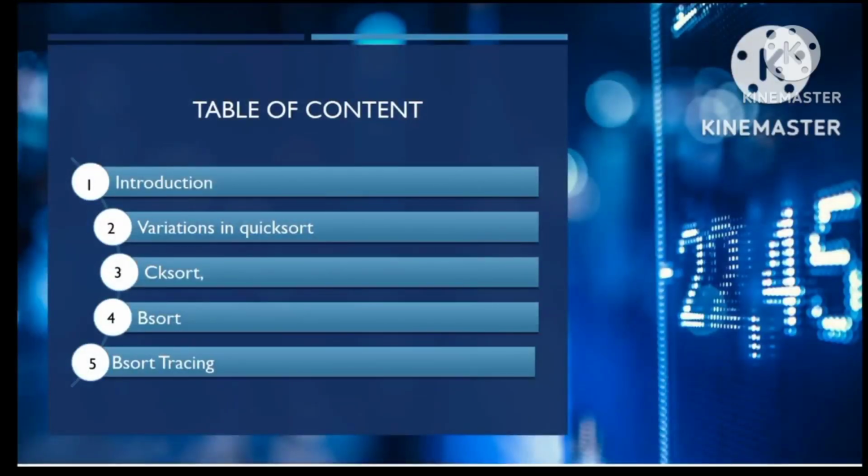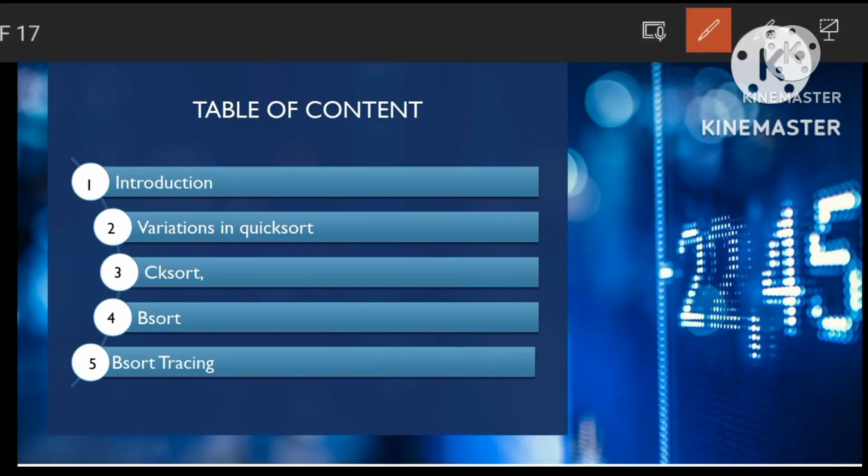In this PPT, this is the content we are going to cover. I will first introduce the topic and discuss the prerequisites to make it understandable. Later I will discuss the variations in quicksort, which are the heart of the topic, and next CK sort and B sort, which are based on quicksort.